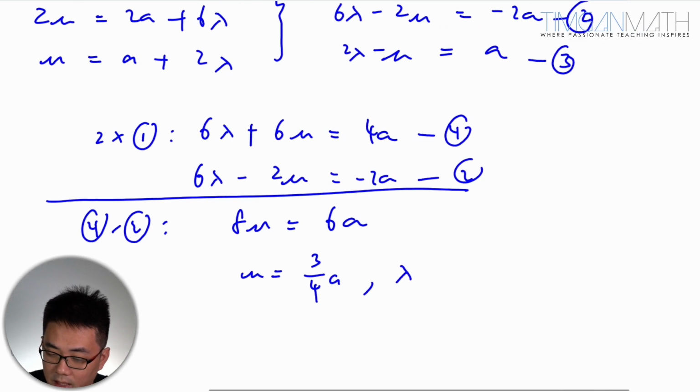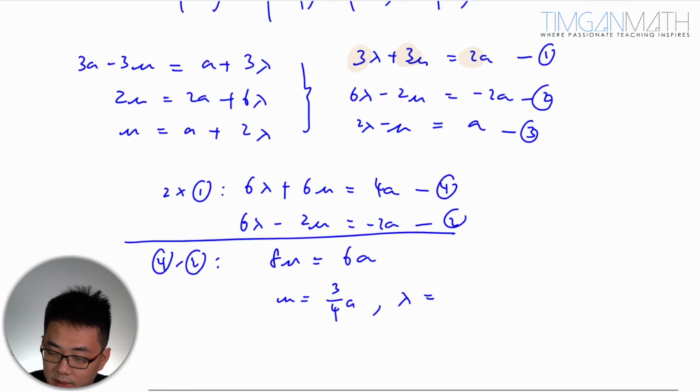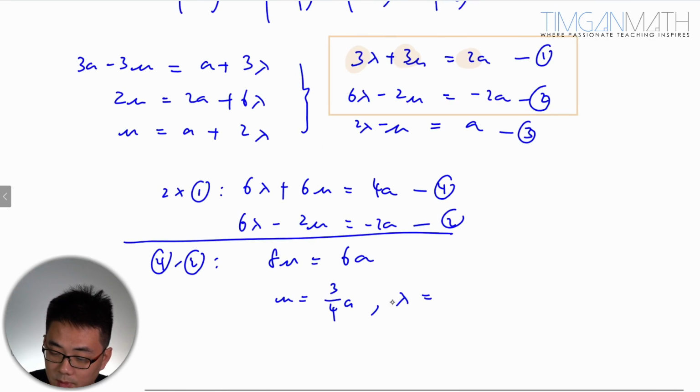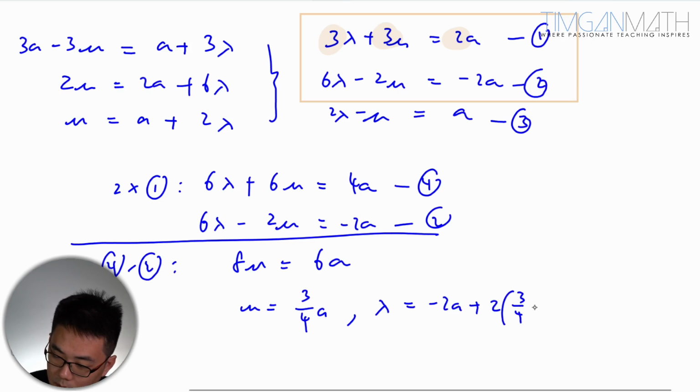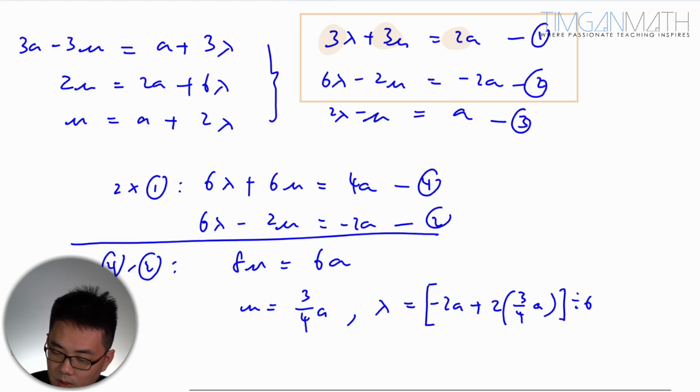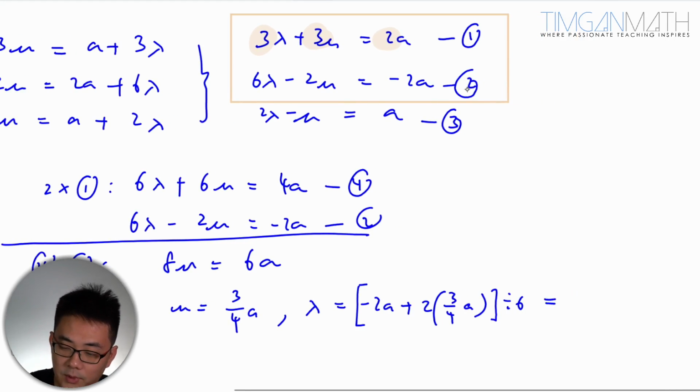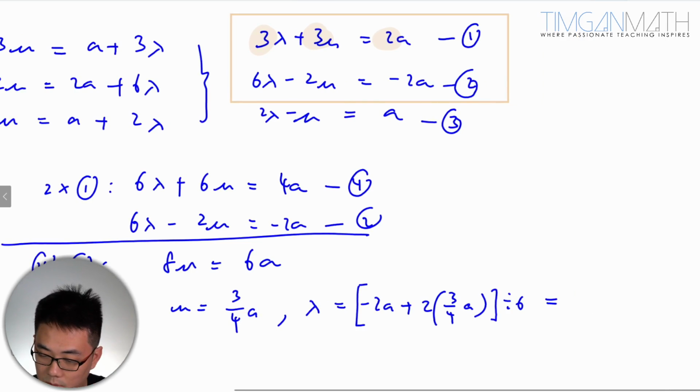Then lambda, on the other hand, we sub into any of the equations. Because we are solving these two, just make sure that you take mu and sub into any of them. I'm just going to do it quick, okay? So I'll just sub into 2 here to solve.